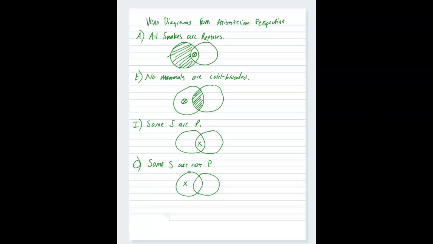Those diagrams, as you see, have the shading just like the Boolean perspective, but now we've got that circled X to represent existential import. So the circled X is supposed to represent a conditional.